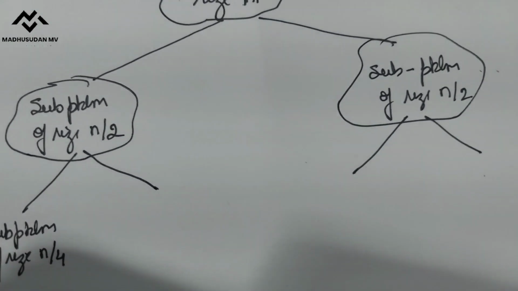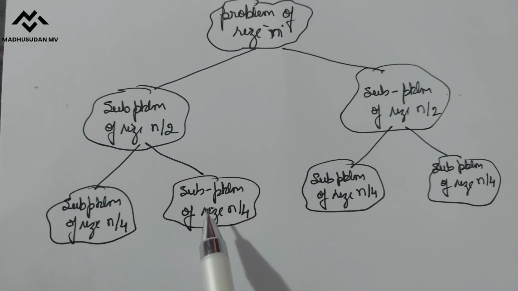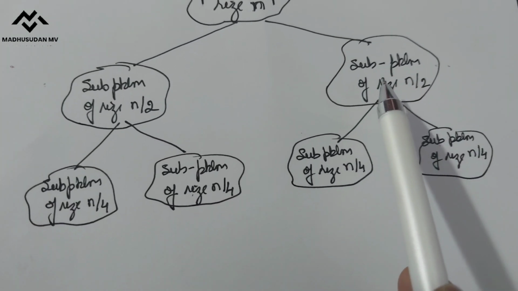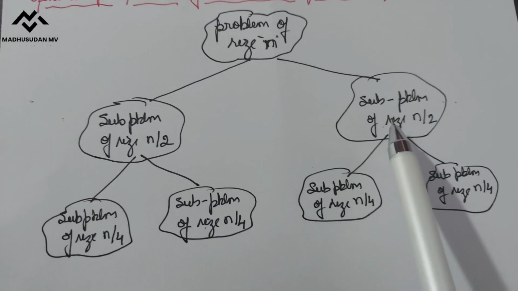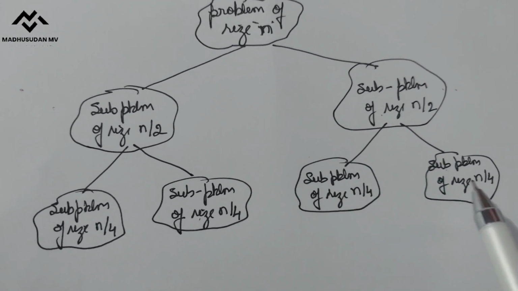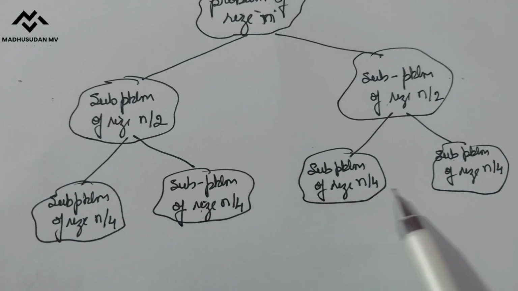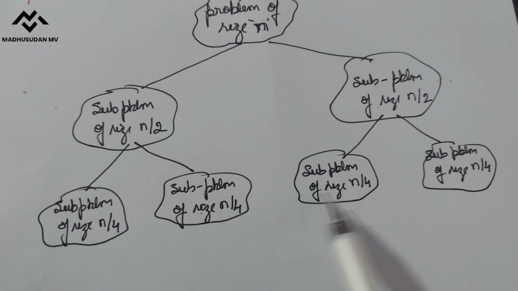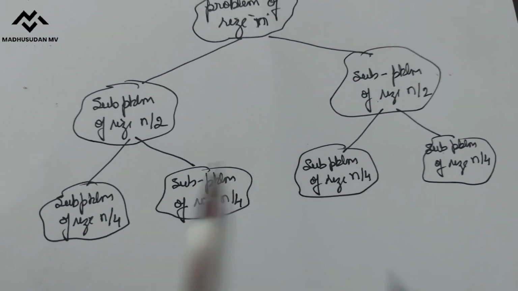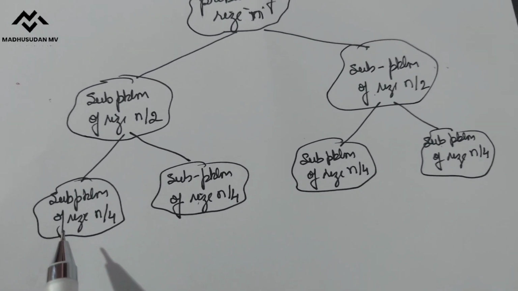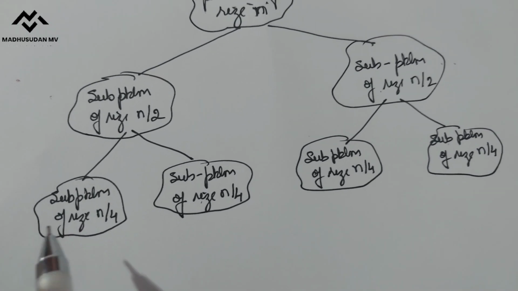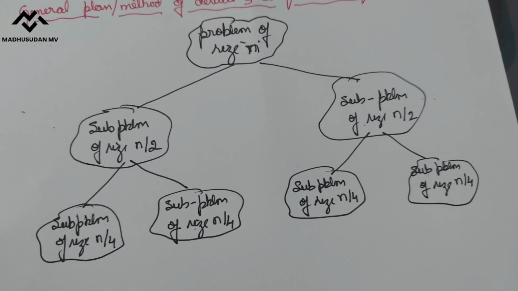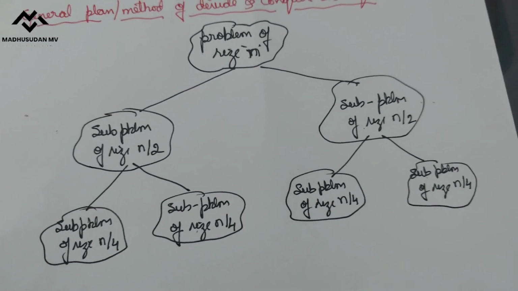Similarly, this is also a problem of size n by 4. Again assume this is still large, so I divide into two further sub-problems, all of size n by 4. Now assume at this level the problem is not that large and we can solve it. Now we stop dividing. Whenever we feel it is solvable, we stop dividing.